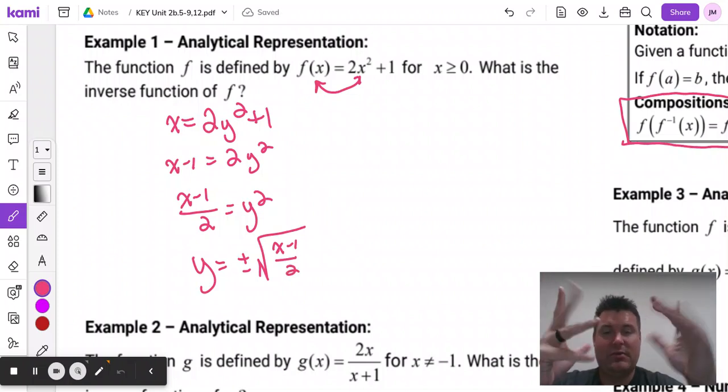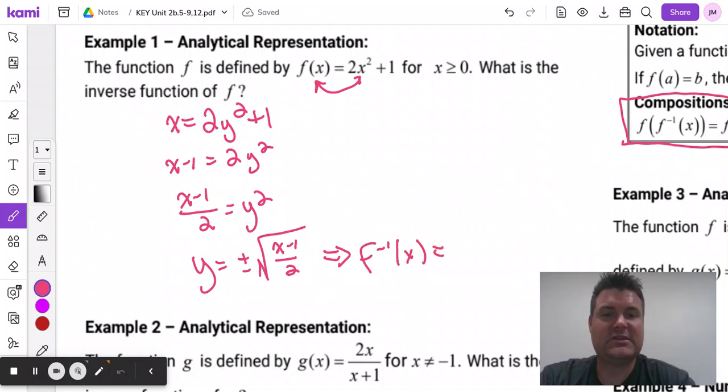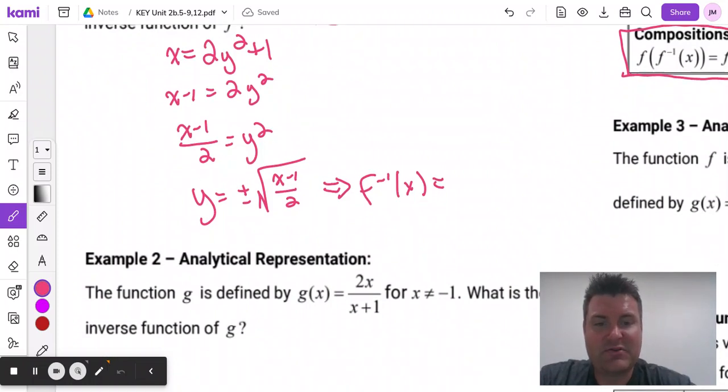Now, that's the analytical work, but I want to graduate this to an inverse. This is not an inverse yet, so I'm going to graduate it with the notation. Take note that since x is positive the entire time, for my inverse it's going to affect it a little bit, where we can only have positive y values. So I'm going to reject that negative and have just the positive square root of (x minus 1) all over 2.